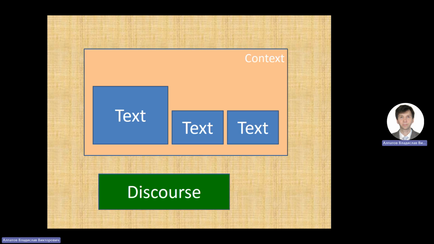However, if we add text to text and to text, and if we regard it all in context, appears discourse. I don't know whether you are familiar with this term, discourse. This is a very difficult term, and it lies not only within the precincts of linguistics itself, but also on the borderline with social linguistics.